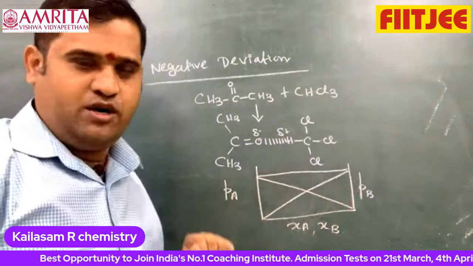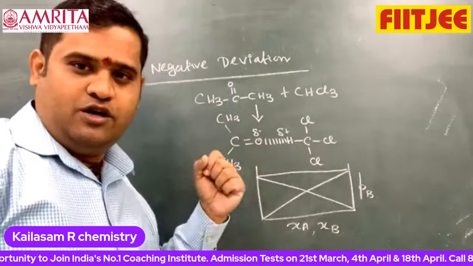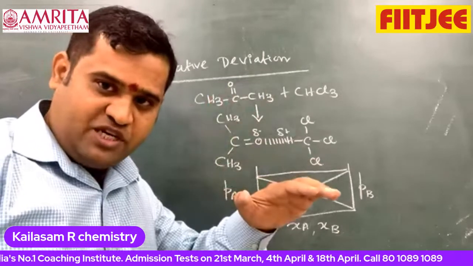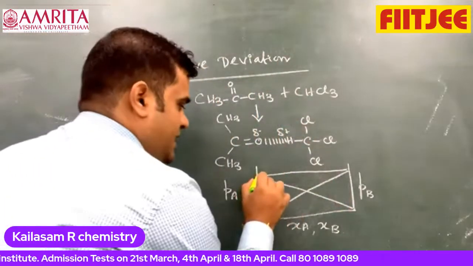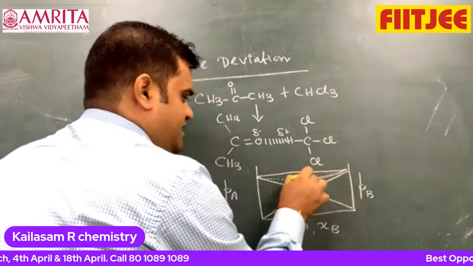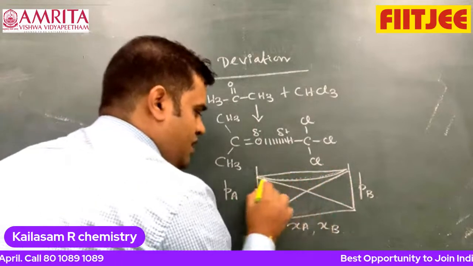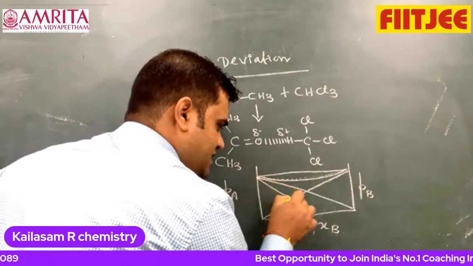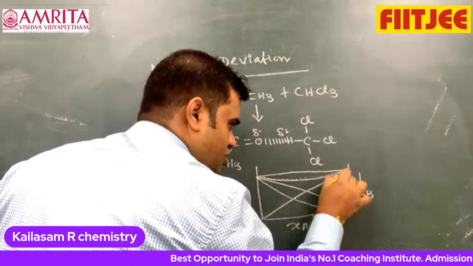This is the expected one. But here the interaction is more. Therefore, the solution will have a lower vapor pressure than expected. So this is less, and because of this, obviously this also will be less.